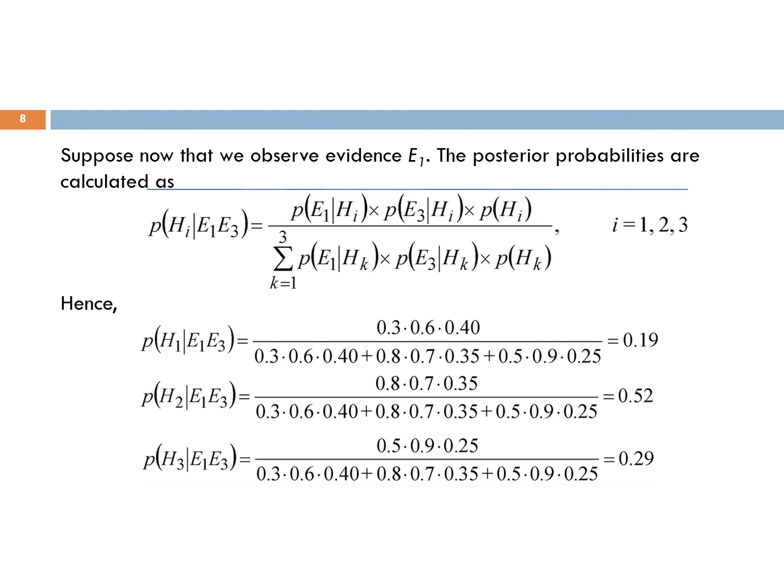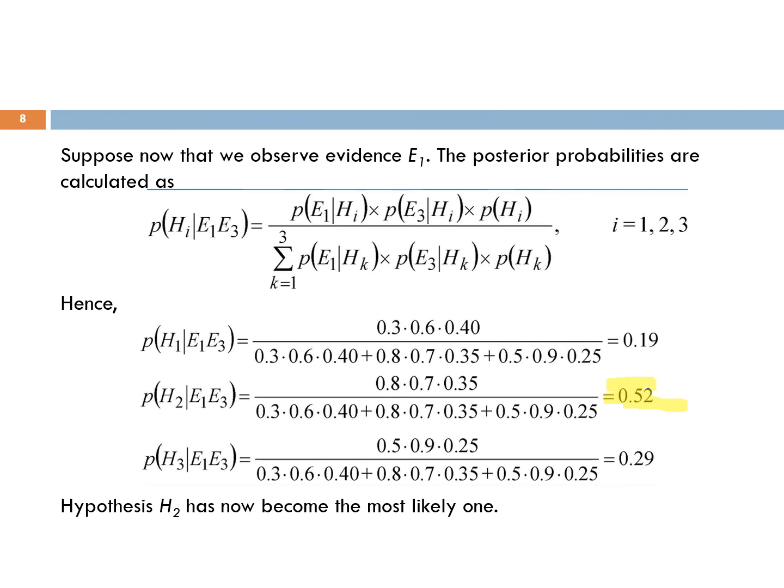If you look here, the probability of believing hypothesis 1 is decreased, whereas the probability of believing hypothesis 2 is increased, and hypothesis 3 is increased a bit only. Hypothesis 2 is the most likely, the highest one.